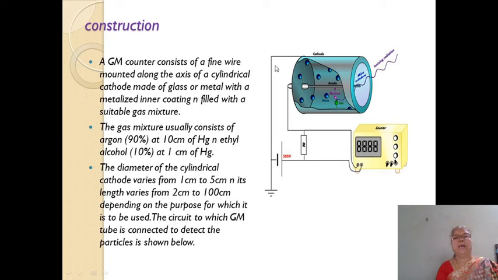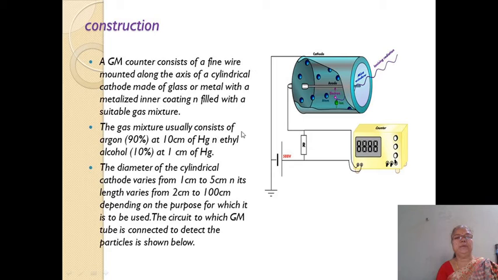As already told, the G.M. counter consists of a fine wire mounted along the axis of a cylinder cathode made of glass or metal with a metallized inner coating, filled with a suitable gas mixture.